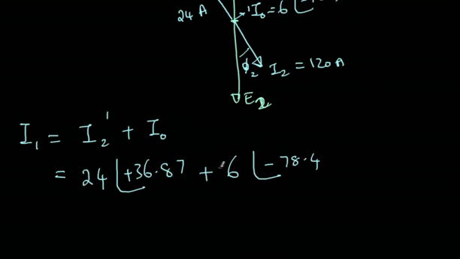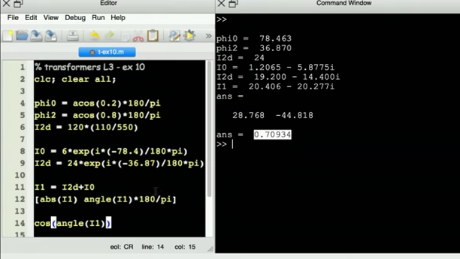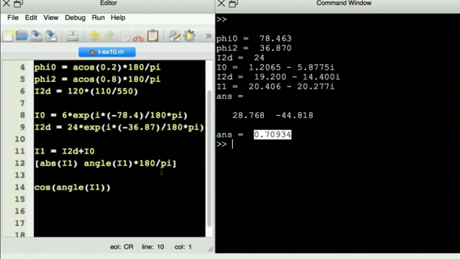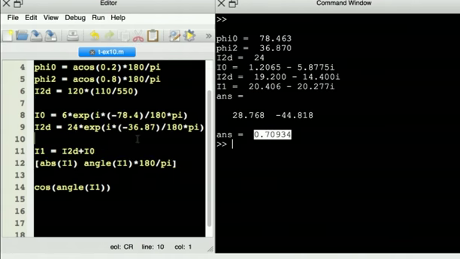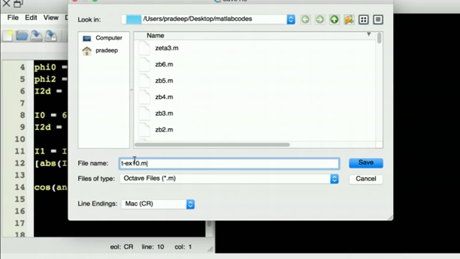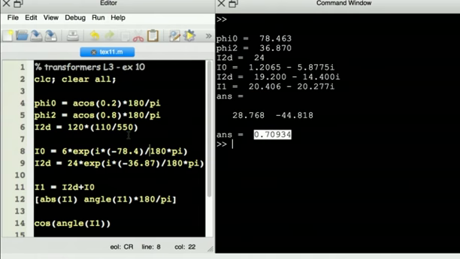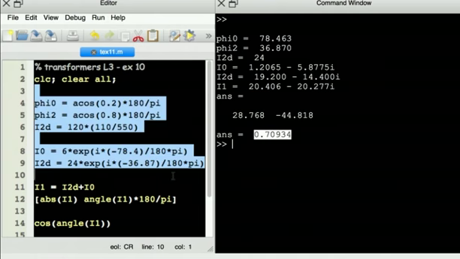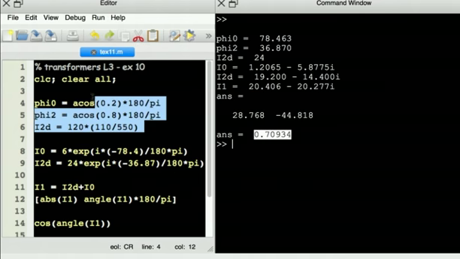So I'll go back to my earlier code, and since I have everything here, I just have to copy from here. I'll go to a new file, save file as, and I'll call it 11. All this above calculation I don't require now, I think these three.